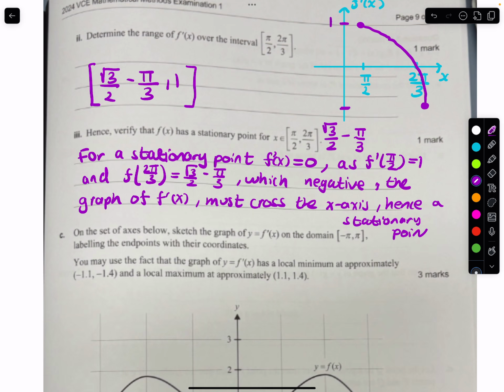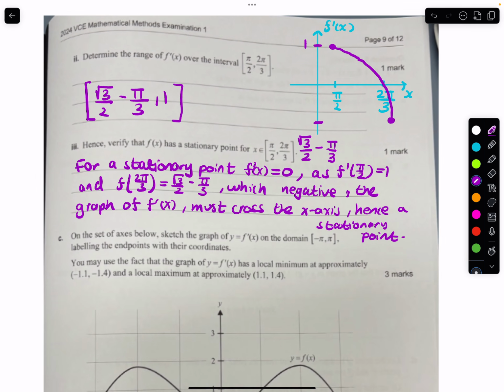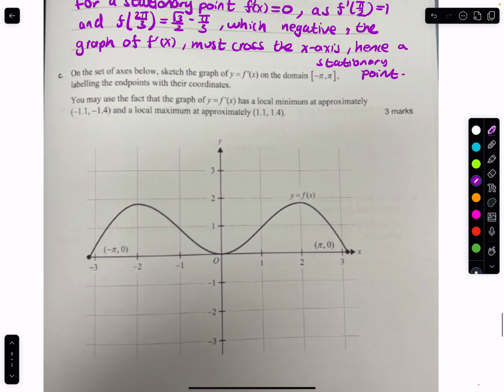I hope that makes sense. Using that graph is really much easier.